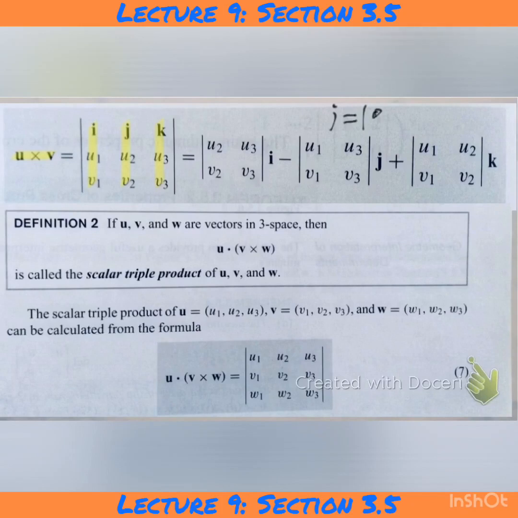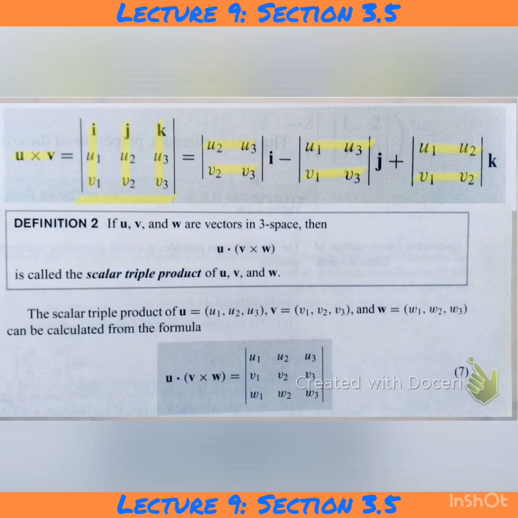And K is just this standard unit vector. Now, if you take the determinant of this matrix here, then you can write U cross V in this particular form. And this is the vector we talked about in the beginning of the lesson, what the cross product is.